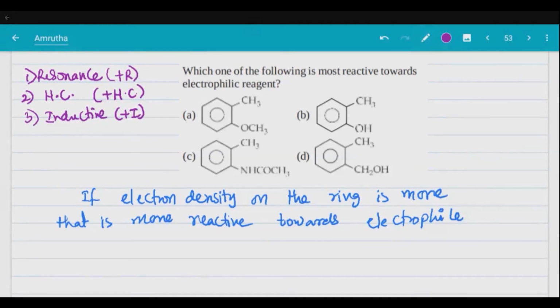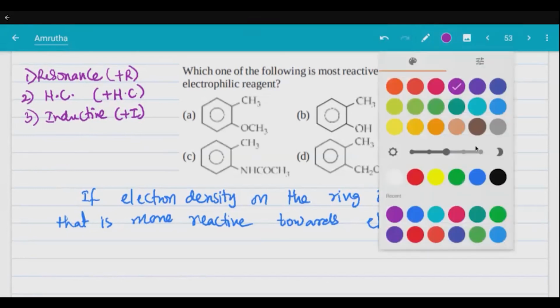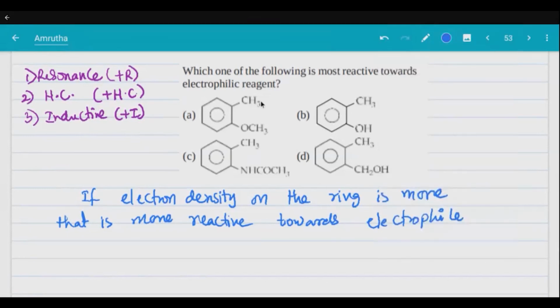Now, which one is more reactive in this? Look at this one by one. Because alpha hydrogens are there, there is hyperconjugation, giving electrons. This one has resonance because oxygen is directly attached, so there is a plus R group. Here hyperconjugation, yes, with these alpha hydrogens, and this is also giving, but by resonance.